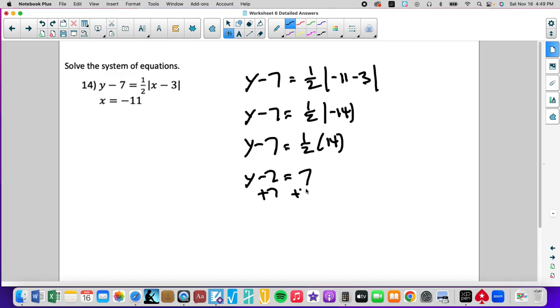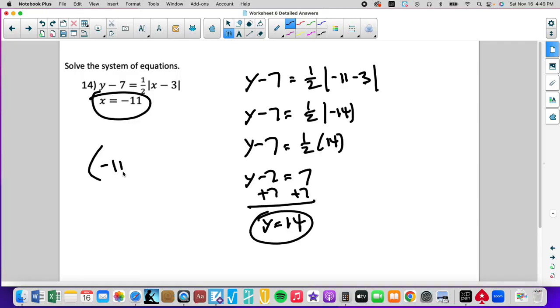Add 7, add 7. y equals 14. And you have x equals negative 11, so your solution is negative 11, 14. You only have one x value. That's weird, right? This is the one where it goes like this, because this is a vertical line.